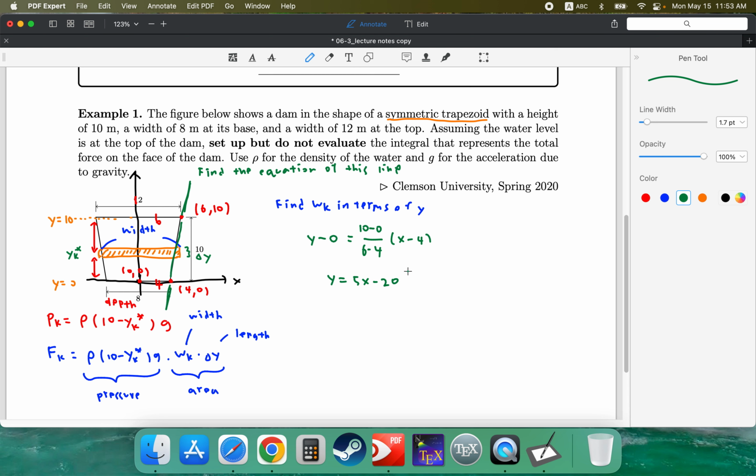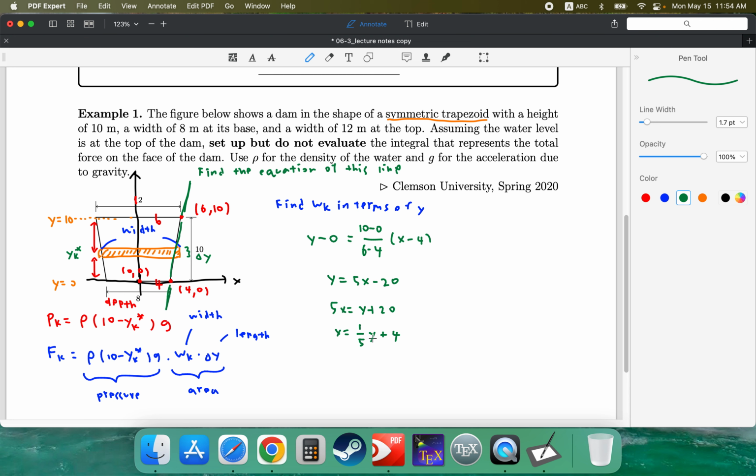And why do I care about this? Because previously we said that we pick a sample point yk star, so we already know the y value. If I plug this y value in, then I will be able to know the x value. So 5x is y plus 20. That means x is 1 over 5 y plus 4.